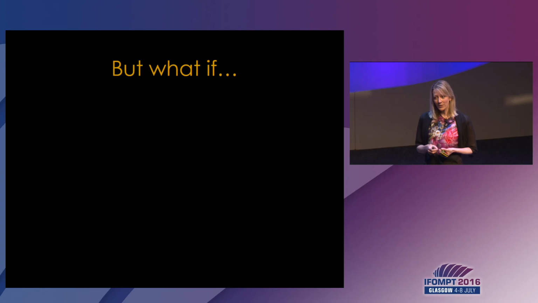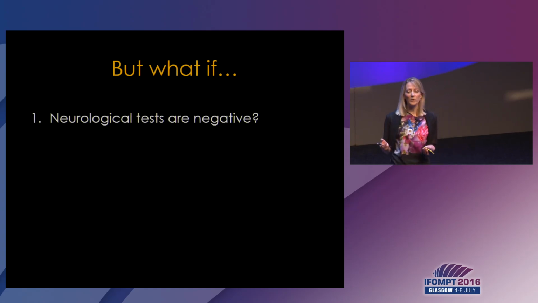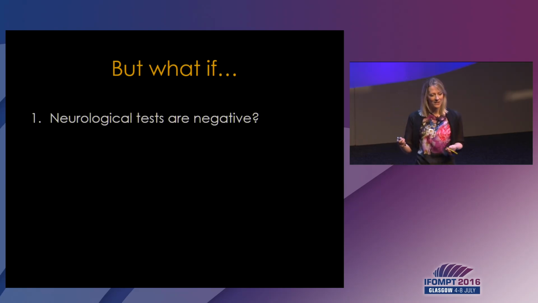Now, today I would like to discuss with you 3 buts. First, what if a patient has clear symptoms, for example, of a carpal tunnel syndrome, he has tingling, he shakes his hand, and it gets better. But when I do the neurological bedside tests, like light touch, muscle strength, it is completely normal. Does that then mean he doesn't have an entrapment neuropathy?